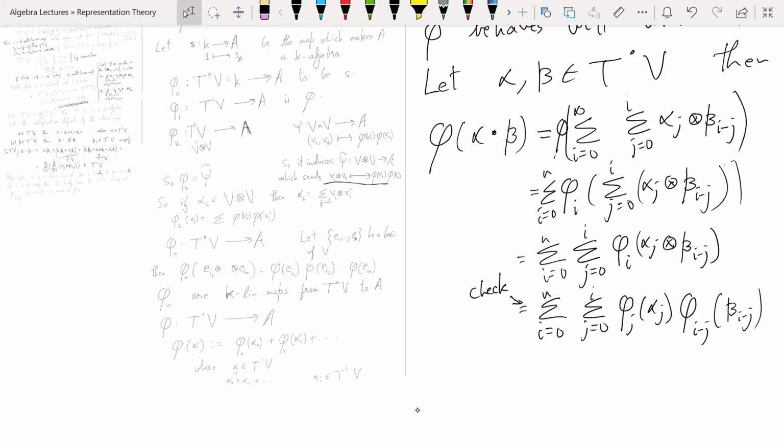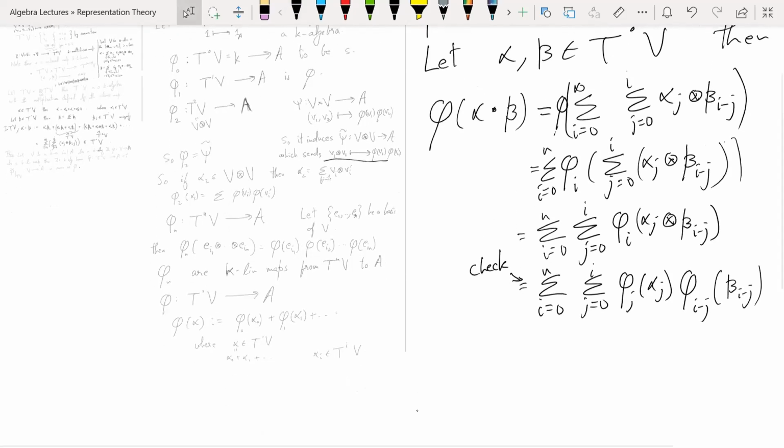So remember what phi j does? It looks at various components and decides where. Anyway, to show the equality, I'll have to break it down to that level. I hope this is clear to you.